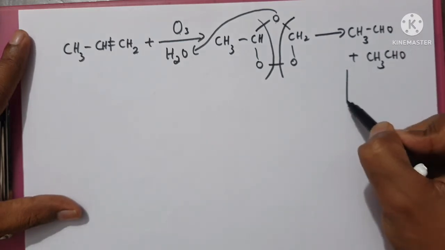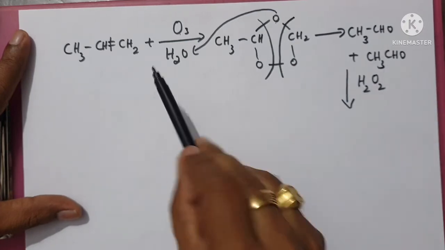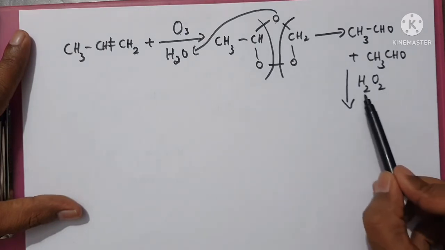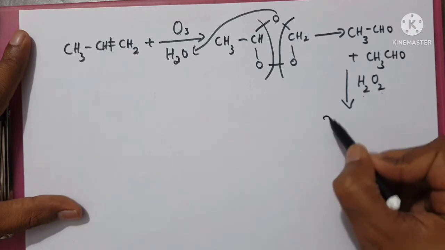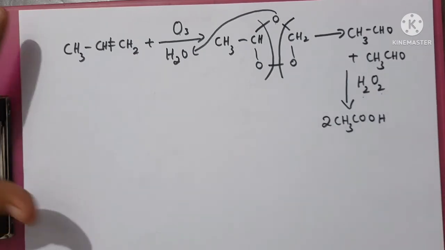When these aldehydes are in the presence of H2O2, that is the water which was oxidized by this oxygen, this H2O2 again oxidizes the aldehydes into 2 times carboxylic acids.